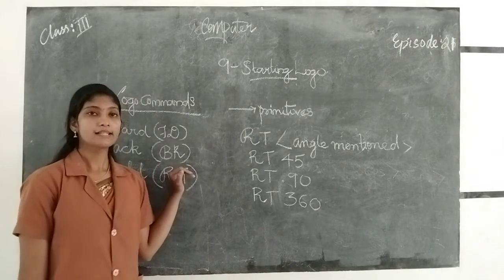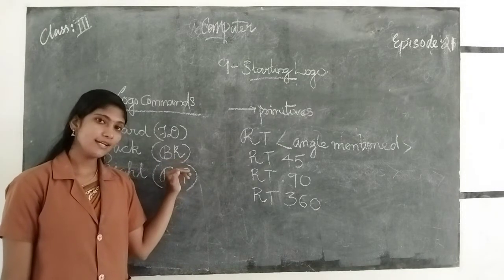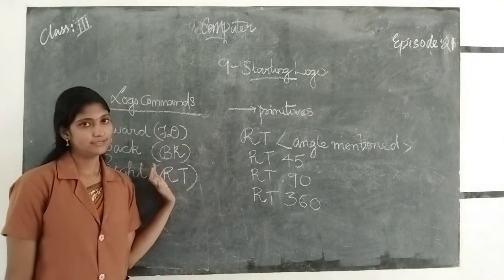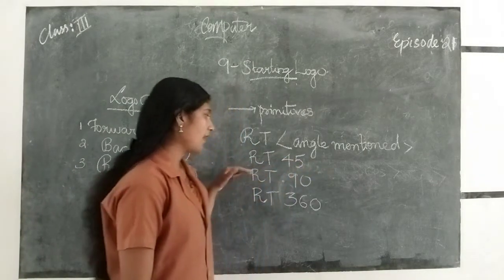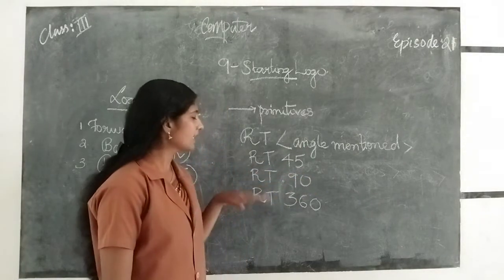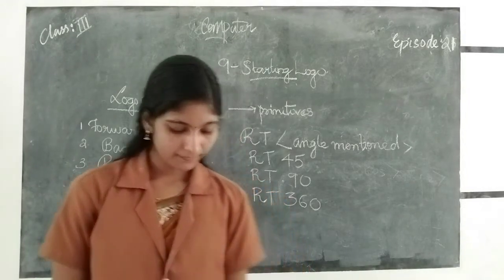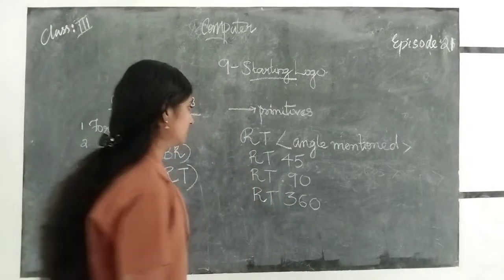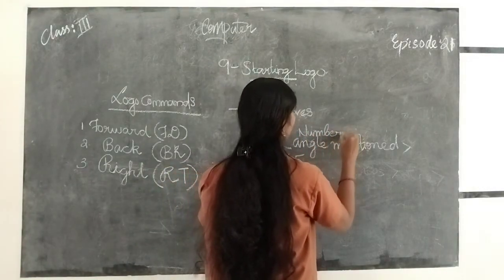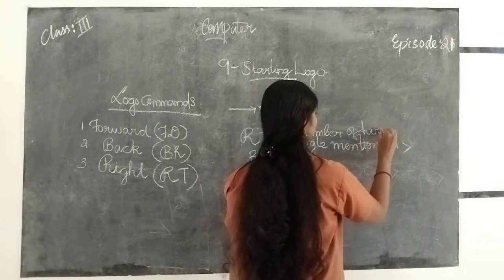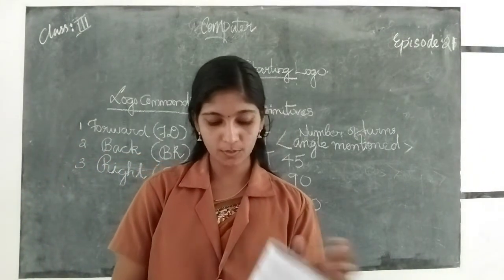RT is the command used to turn the turtle to the right side direction with an angle. So, example, RT 45, RT 90, RT 360. So look at the picture. We can also say that the angle is the number of turns. So look here.